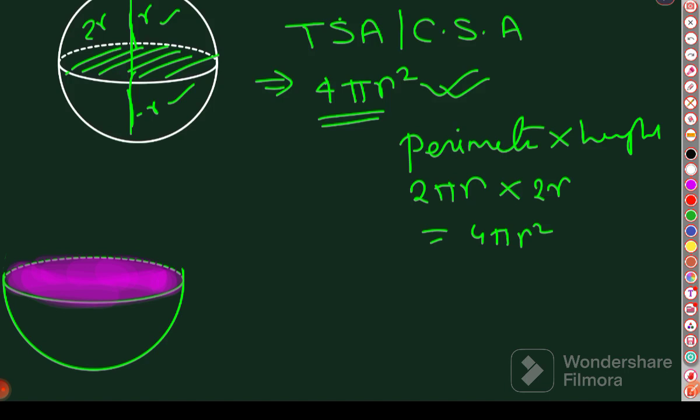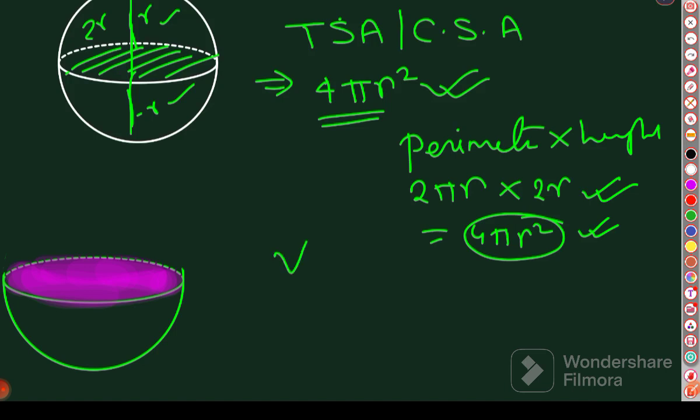This perimeter and height works as height equal to the diameter 2r. So 2 pi r into 2r will be 4 pi r square. In this way we can memorize right now that curved surface area or total surface area is 4 pi r square. But the actual value can be found by using the concept of integration, which we will get in standard 12. Okay, so this is curved surface total.